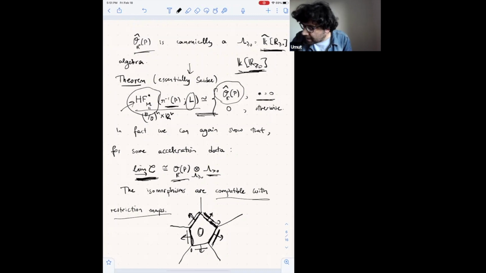And then there's going to be many other orbits that are near these corners. And the homology classes of those are going to be the homology classes which lie in the positive cone of these two generators.